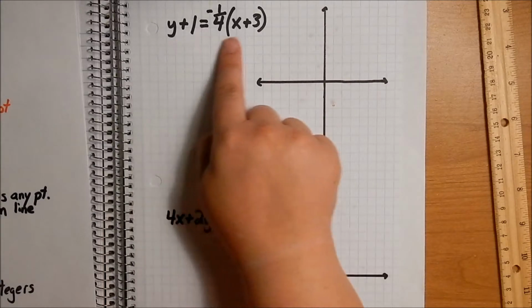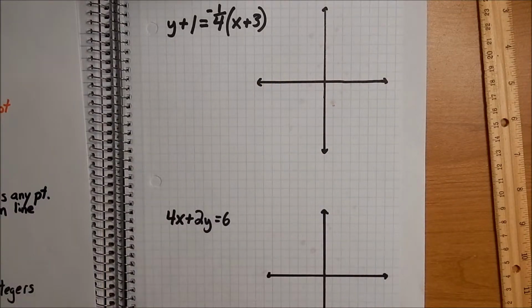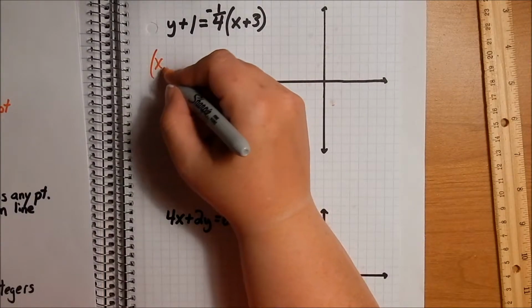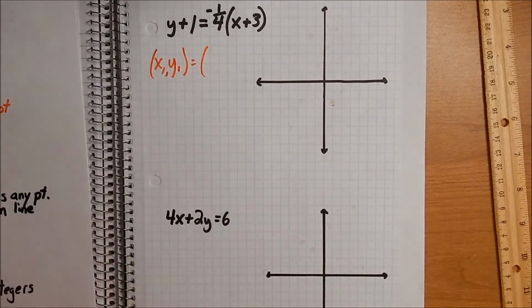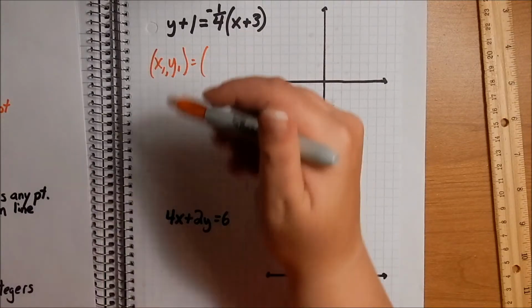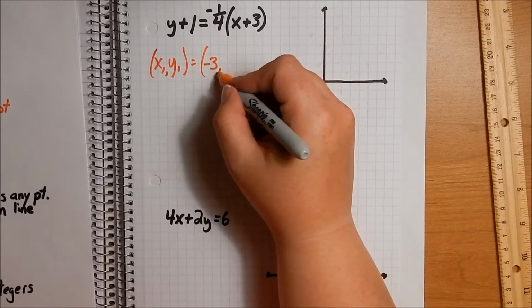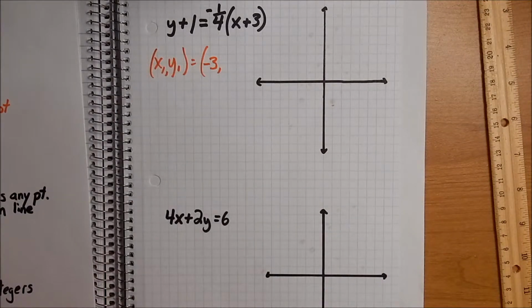So, can you look at this equation and just tell me what the starting point is? Our x1, y1. Well, the x1 would be here, and remember, if that's a positive 3, what is it really? It's really a negative 3. And then the y1 would be right here, so if that's a positive 1, what's it really?